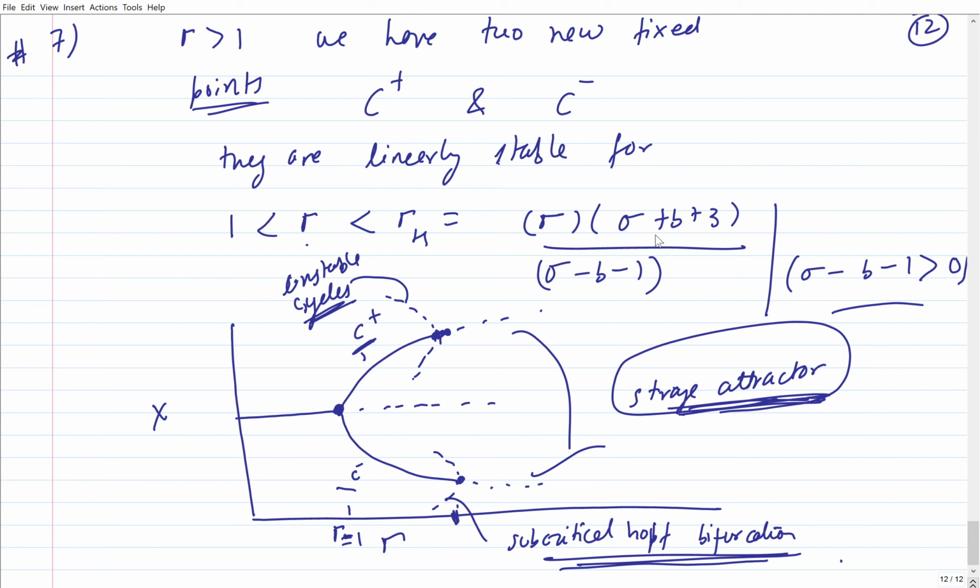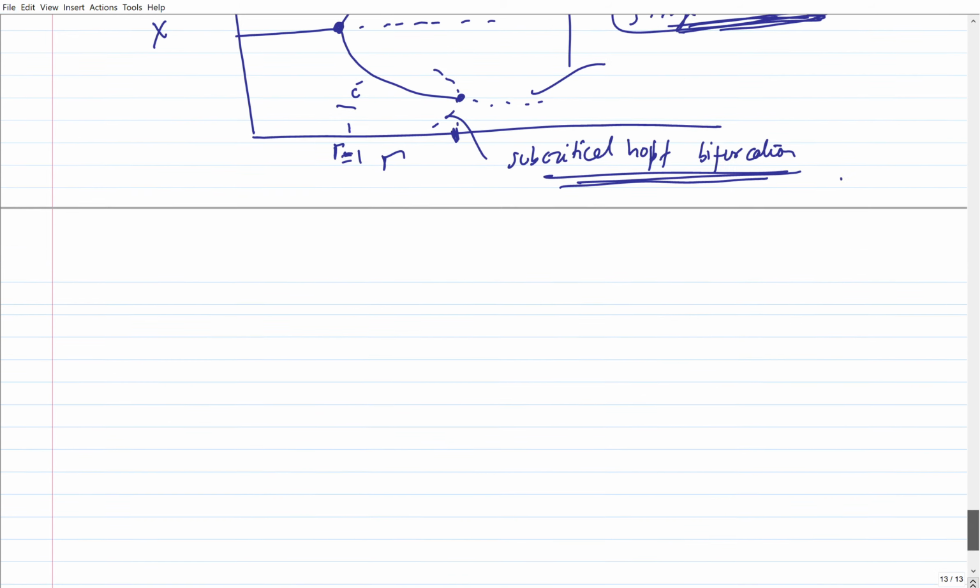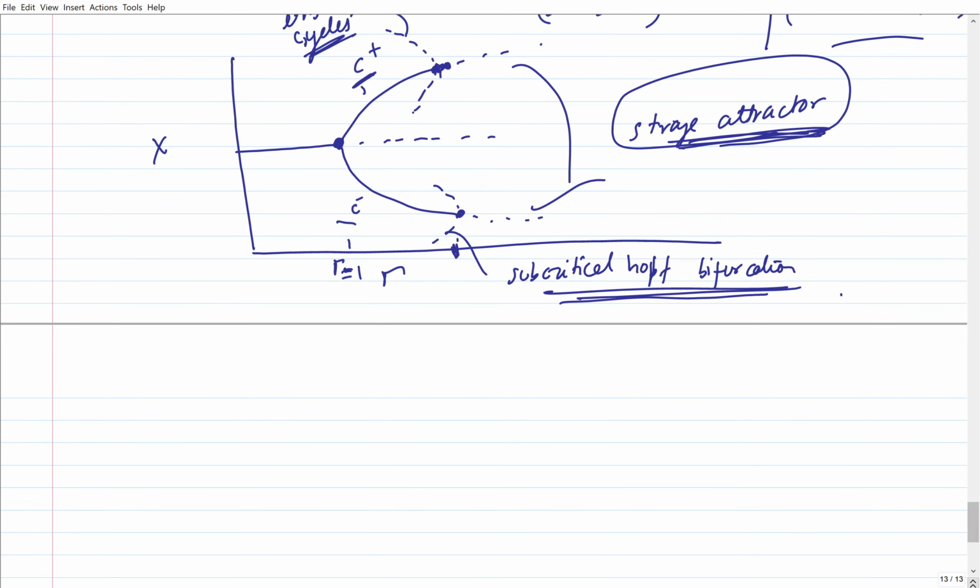Okay, so we'll continue with our study of the Lorenz system, and what we are going to do is once again draw the bifurcation diagram as a function of the parameter r, essentially this figure again.